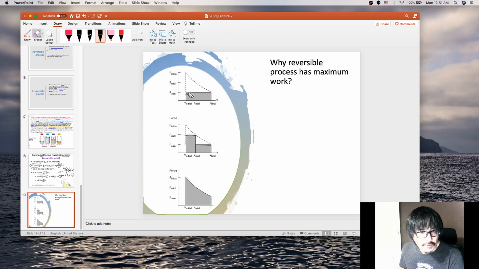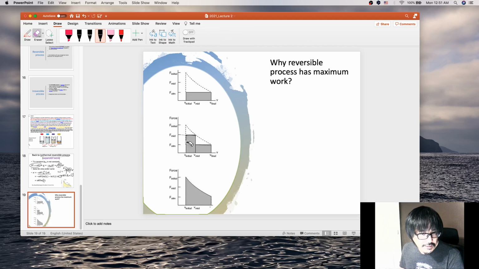So if it's a constant pressure, then the area under the curve is very small, right? Let's make this a two-step process. Initially, up to the halfway point, you have this one pressure, right? And from that point on, you have a reduced pressure right here.